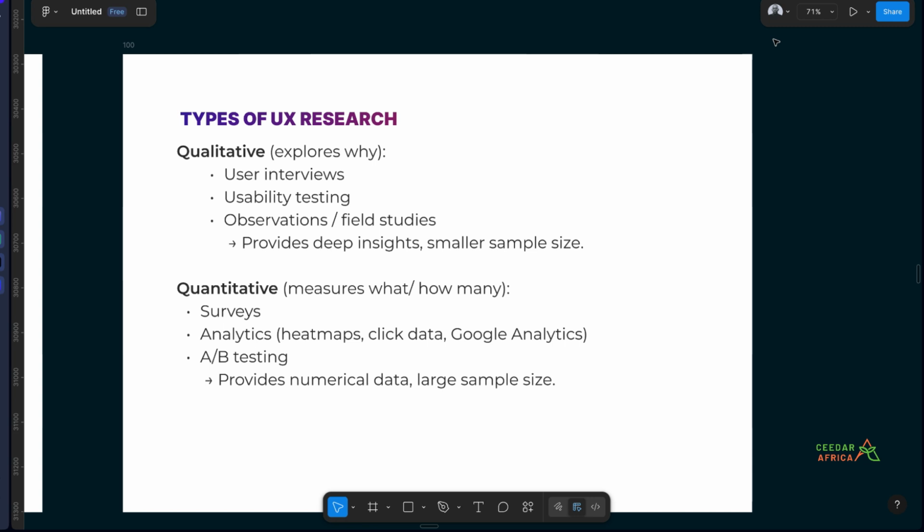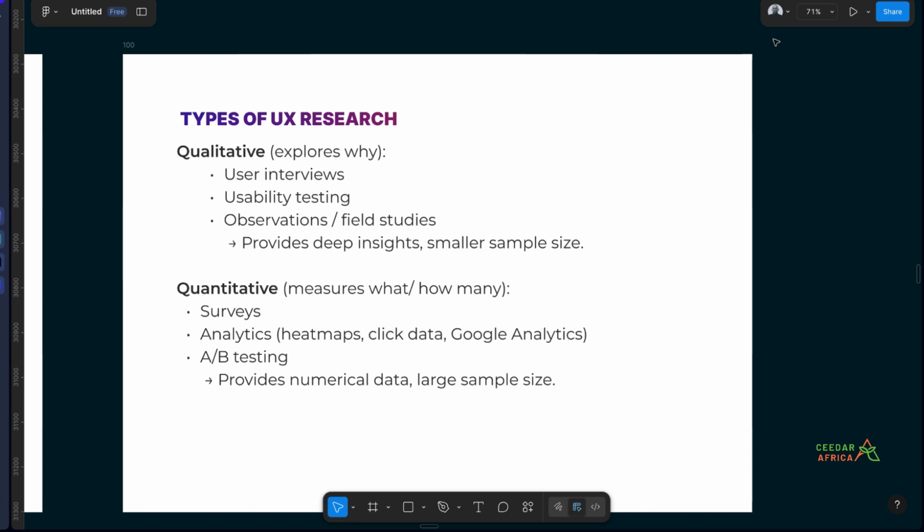Now, the next kind is the quantitative method of UX research. This measures what and how many. So all the forms or categories of research under this method give you data, deal with numbers.